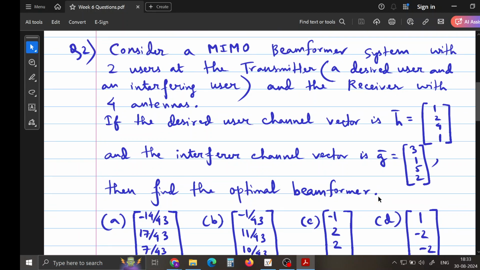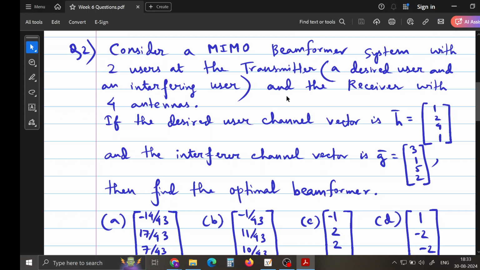So beamforming is a method which, as I said, is trying to maximize the signal to interference plus noise ratio. As the name suggests, a beam is formed that tries to maximize the gain for the desired user and suppress the gain for the interfering users.